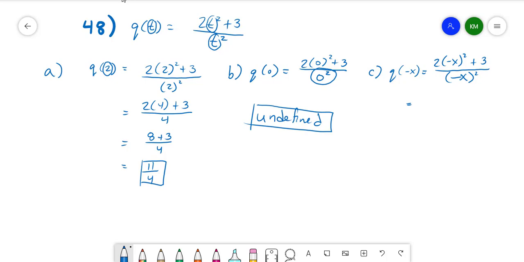Negative times negative is positive. So negative x squared is actually positive x squared. Negative x times negative x would be positive x squared. And then the same thing on the bottom. That's a positive x squared. So basically drop the parentheses and we're done. My final answer for part C is going to be 2x squared plus 3 over x squared.